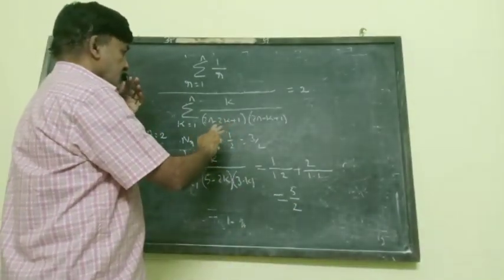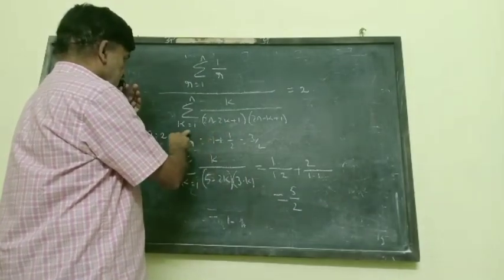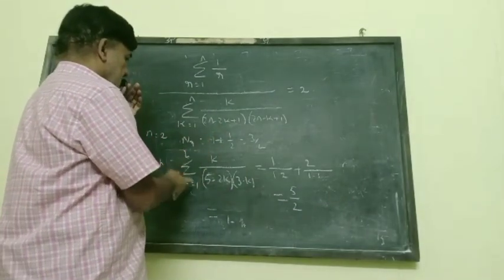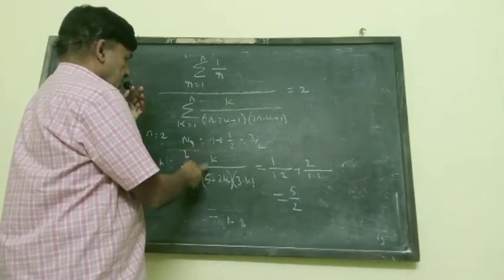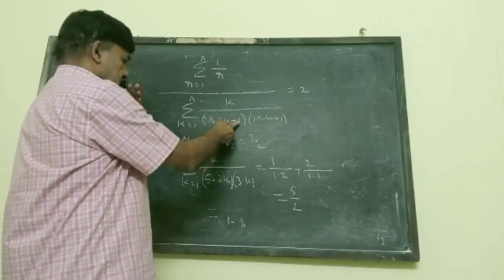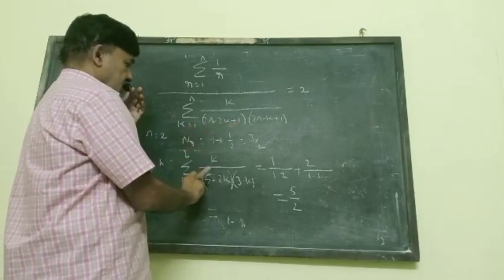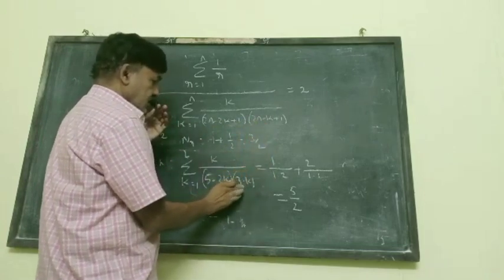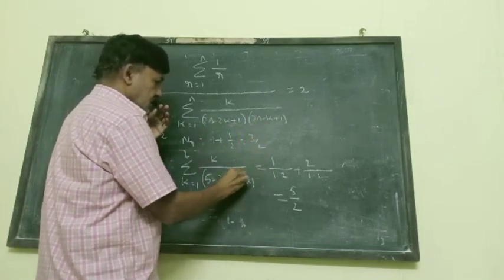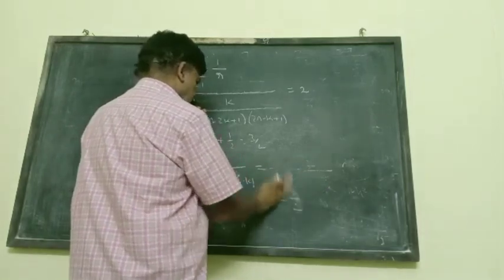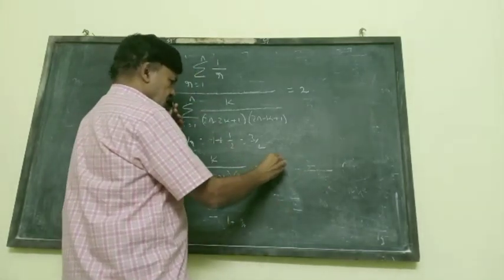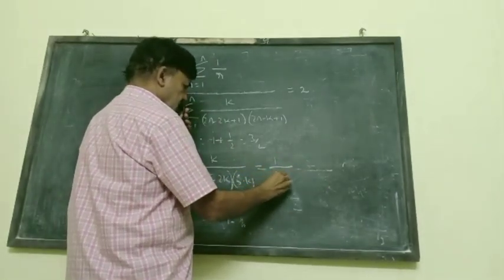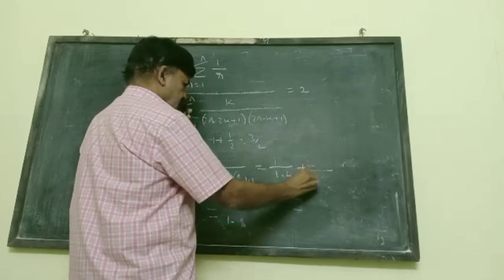And the right side is equal to 2, with sigma K is equal to 1 to 2, K by (4 plus 1) 5 minus 2K. K value 1: 1 by 1 into 4.